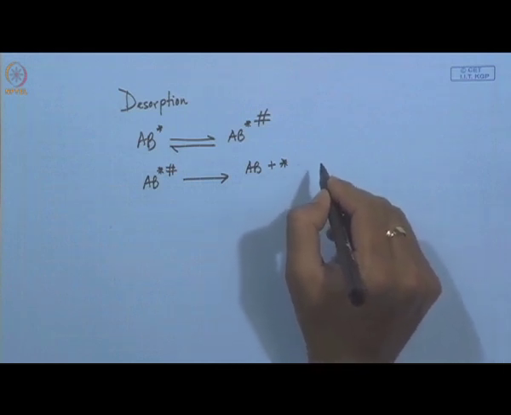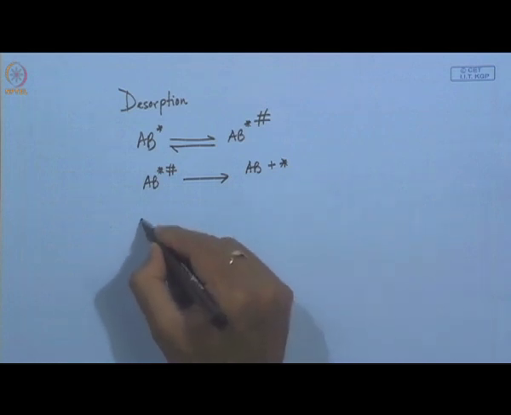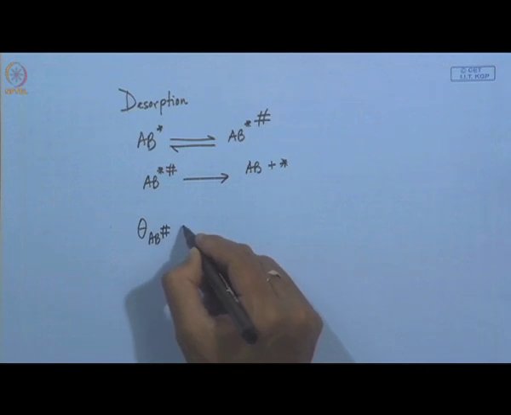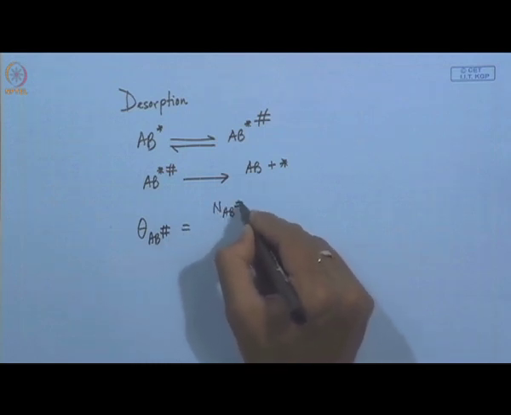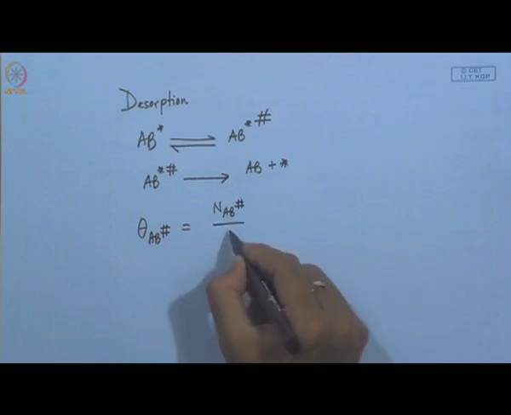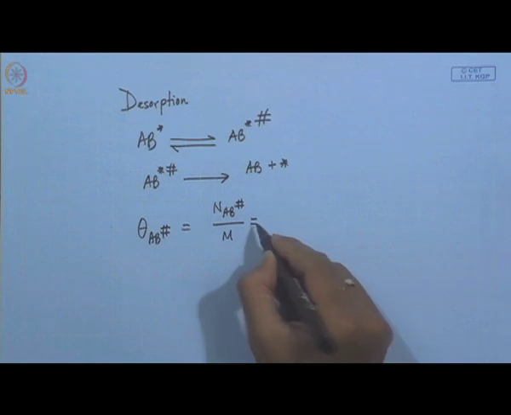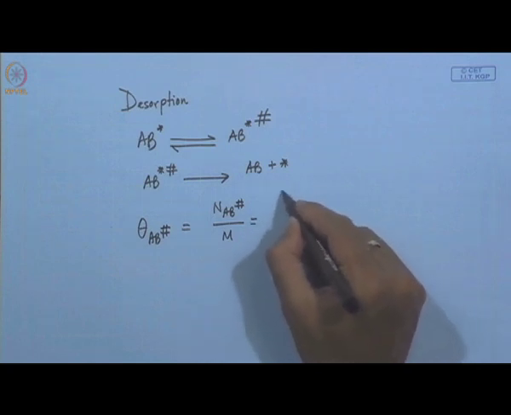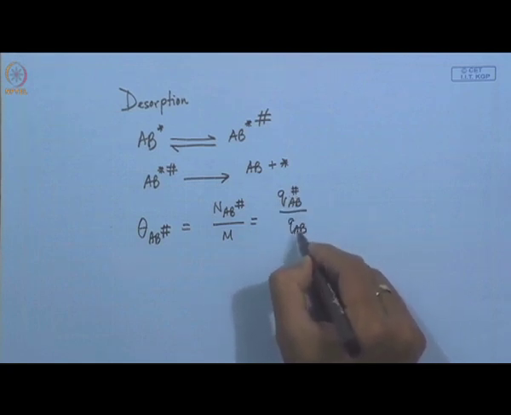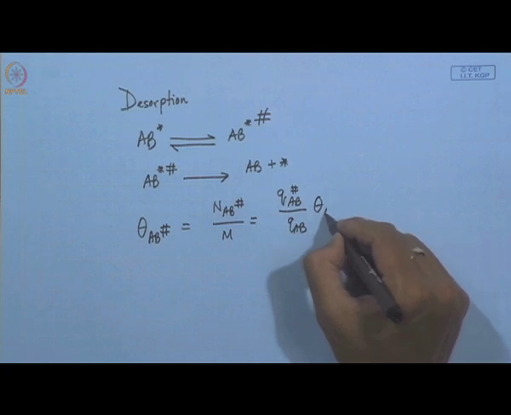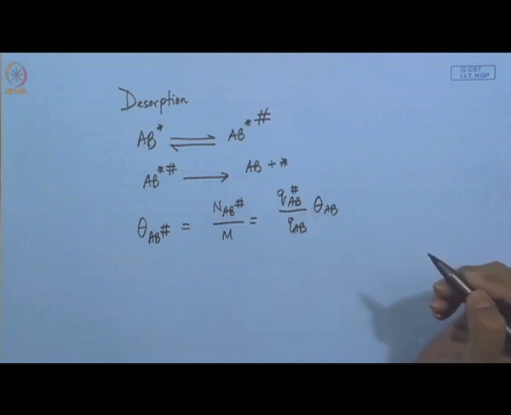Okay, so now what is theta AB, which is equal to NAB divided by M. The significance of N and M is already told. Then QAB double dagger divided by QAB. Okay.